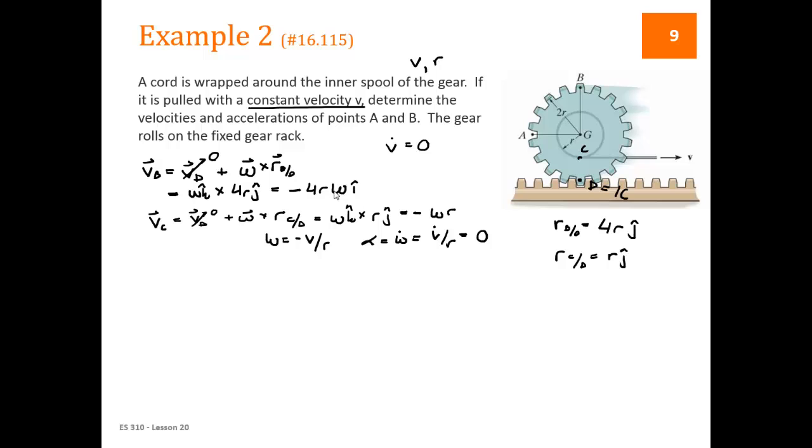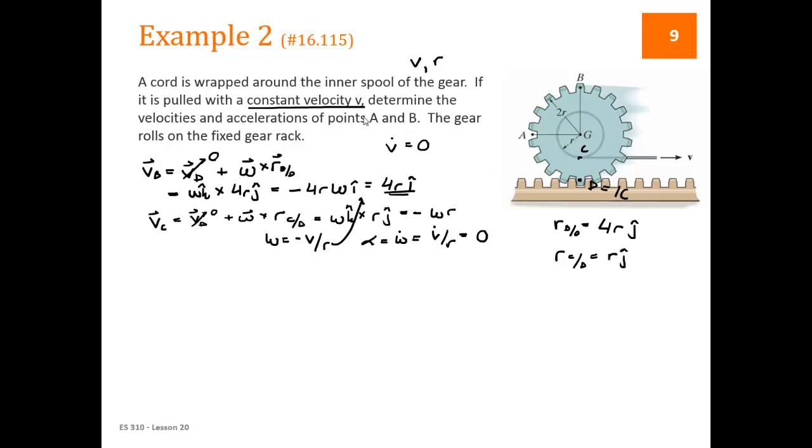We can plug omega in up here. So up here, is that equal then to negative 4R times negative V over R gives us positive 4V. And the direction is in the I hat direction. Alright, so that is VB.